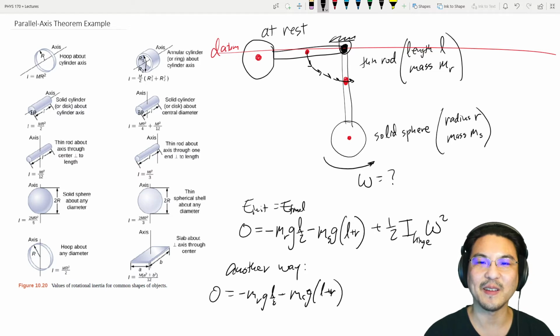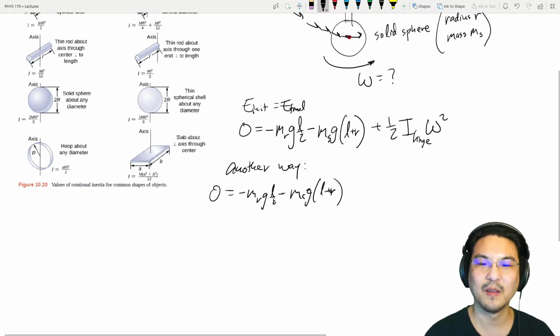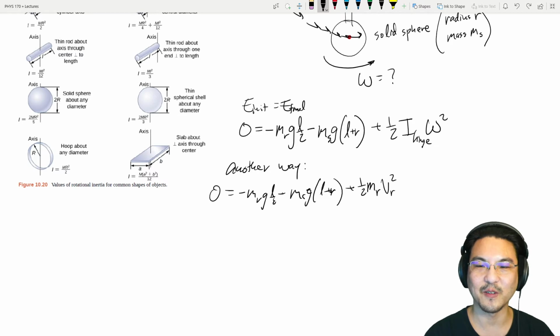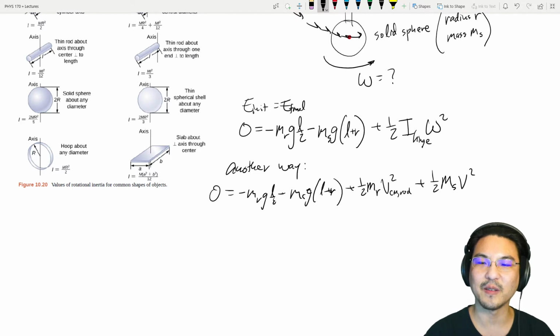The center of mass is translating, and for the sphere, the center of mass is translating like this. So there's kinetic energy for the translation of the bar, 1/2 m v squared for the center of mass of the bar, plus 1/2 m v squared for the center of mass of the solid sphere.